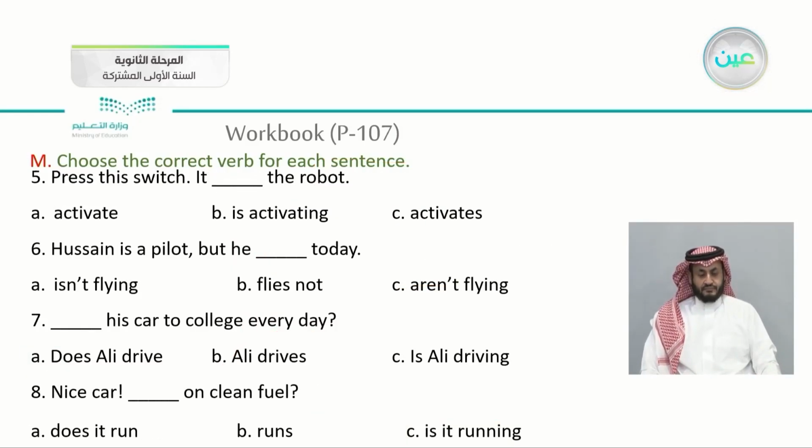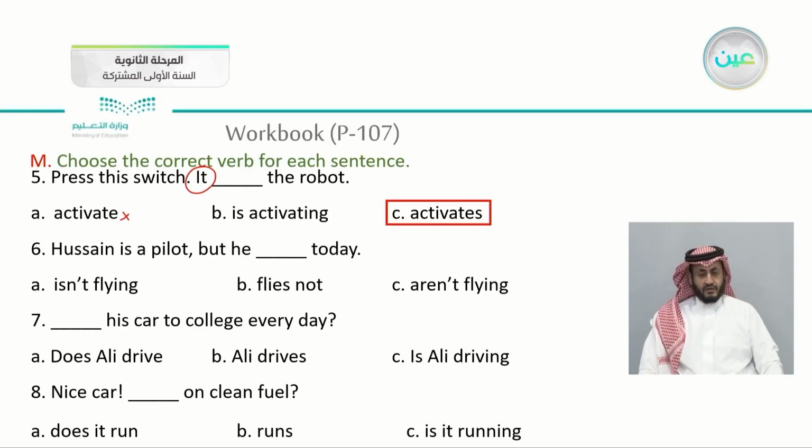One more. Press this switch. It, the robot, activate, is activating, or activates. Every time you press, something is happening. So it activates because we have it. You cannot use this one because they activate.